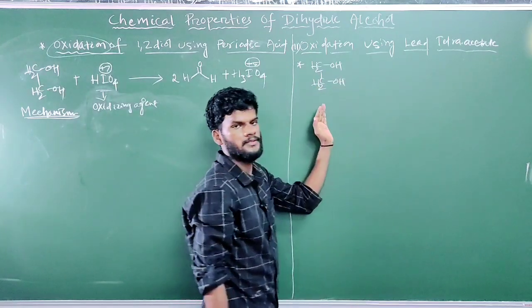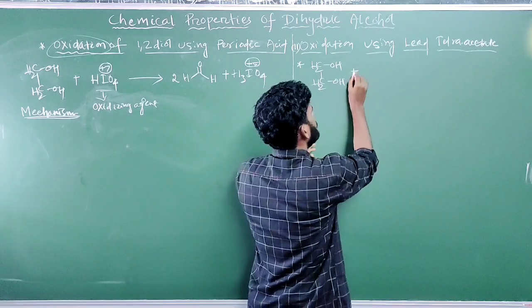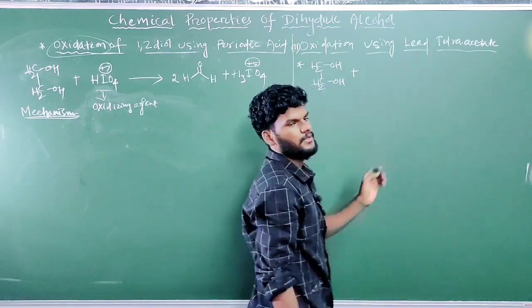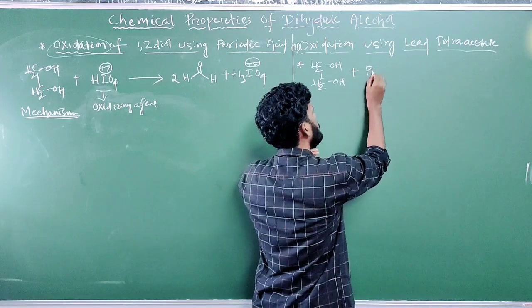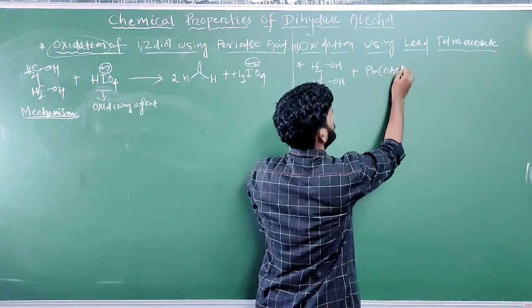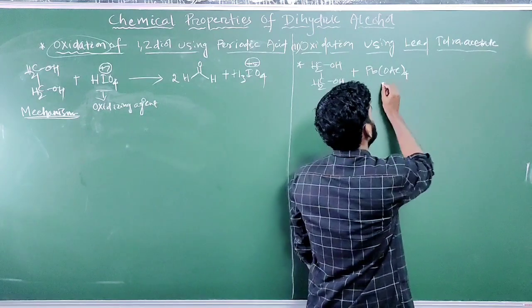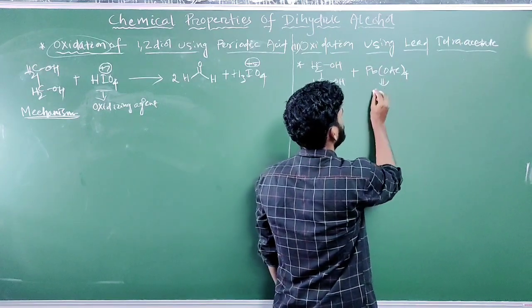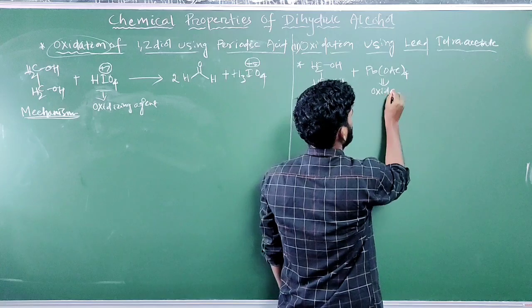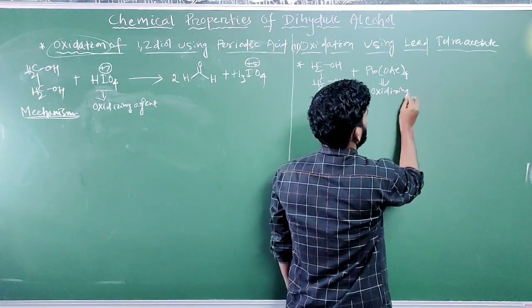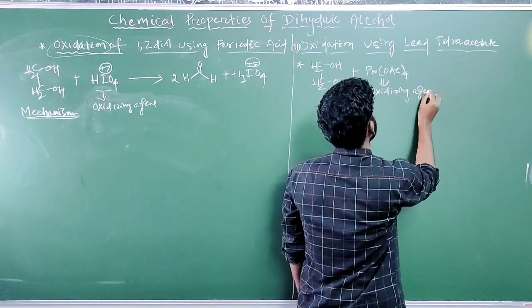To this 1,2-diol starting material, we are using lead tetraacetate. Lead means Pb and tetraacetate means 4 acetate groups. Here also this reagent is known as an oxidizing agent, you can write.